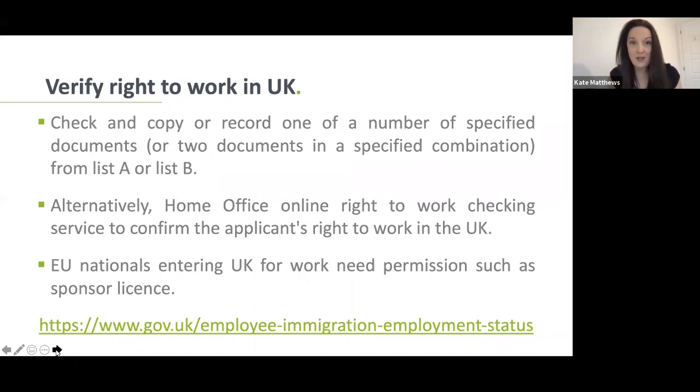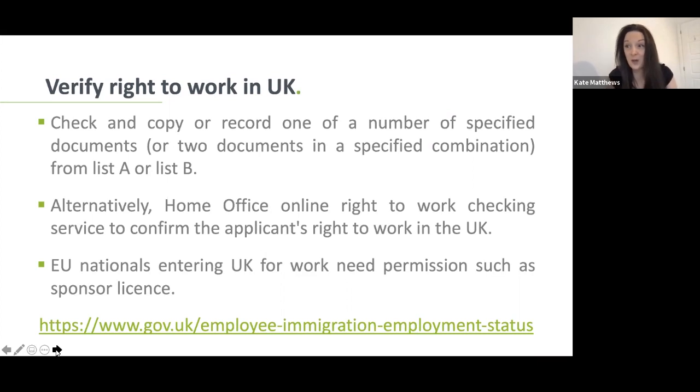If you put into your search engine right to work check gov, it would give you loads of government guidance, and in that you find two lists. You would find list A and list B. The easiest document is always a UK passport, because that's the only document you would need. But if somebody doesn't have that, there's a whole list of documents that you can use instead.